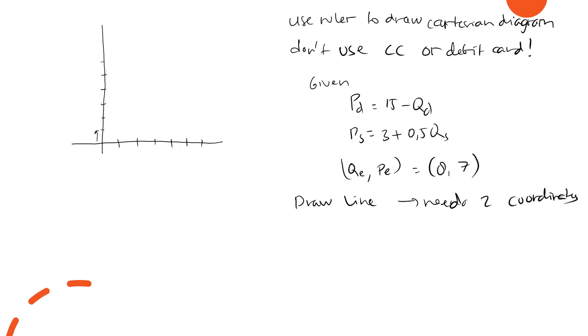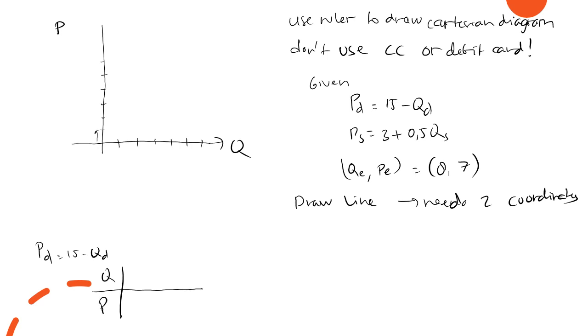First of all for PD, so Q here and this is P. For PD, which is 15 minus QD, here is how we will make the coordinate.